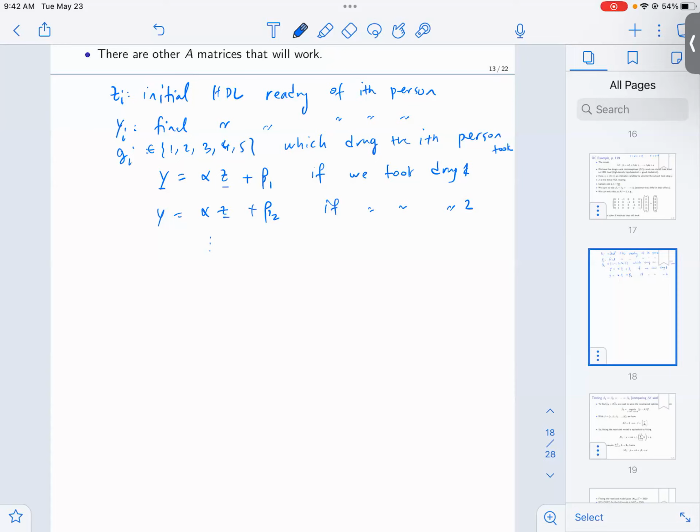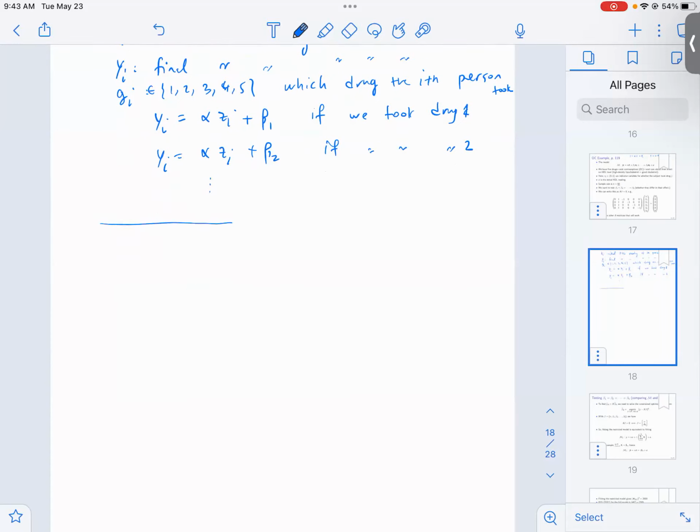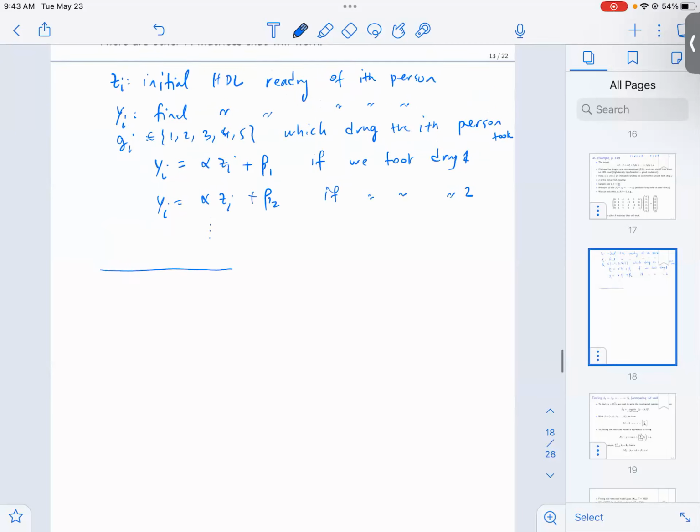If I want to write it in a scalar form, and compactly write it using these groups, I can incorporate that group and write something like Yi is equal to alpha Zi plus beta Gi, for i from 1 to n.